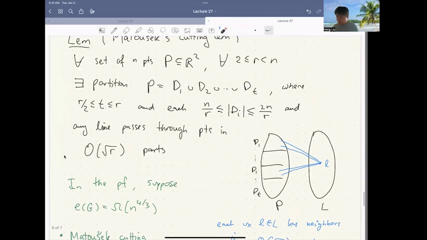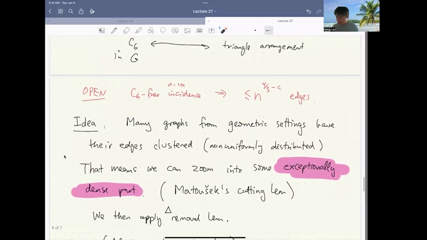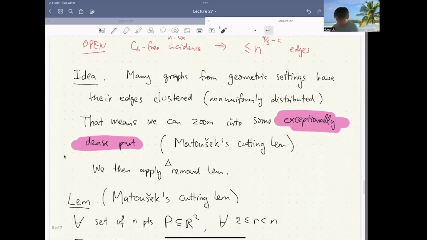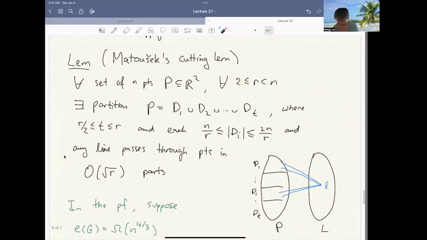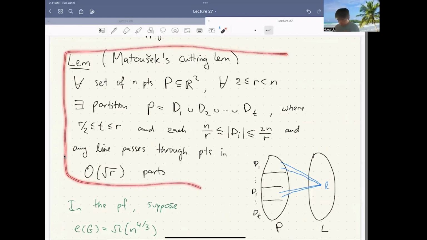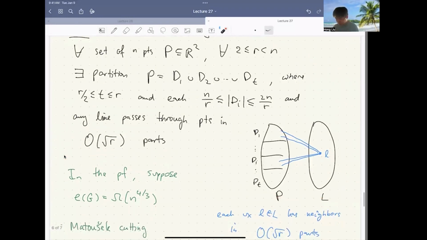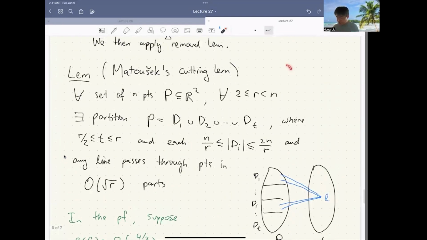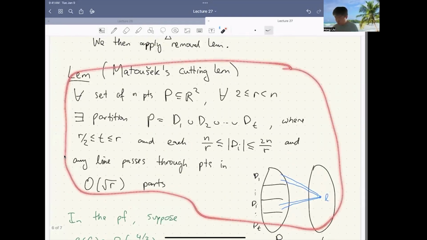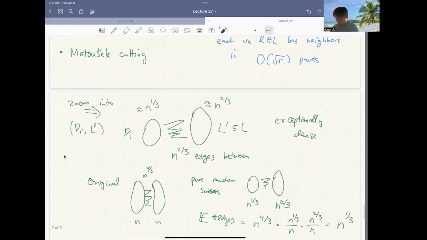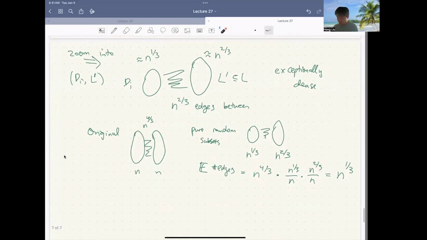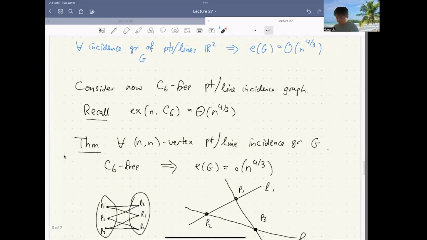I haven't given you the proof yet. I just mentioned the idea, and this lemma. Okay. Next time, we're going to use this lemma and the triangle removal lemma to prove this theorem.